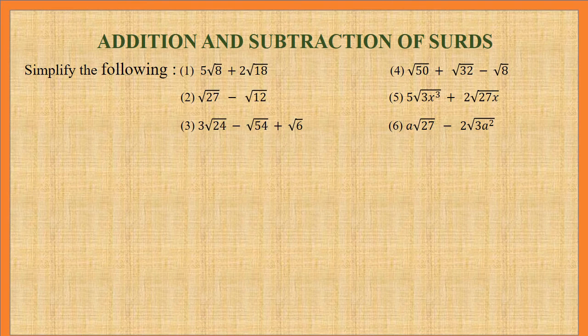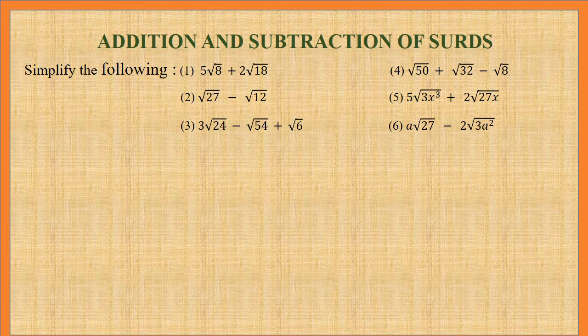Then secondly, if they are not the same under the square roots, you have to look at them to see whether they can be simplified. If they can be simplified, then you simplify to see whether they will have the same radicand before you can add or subtract.